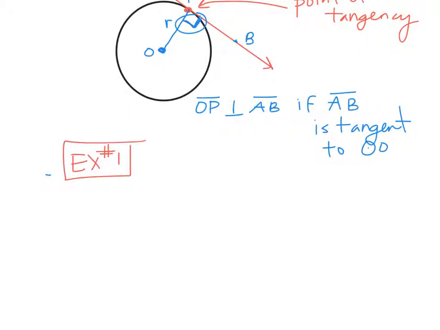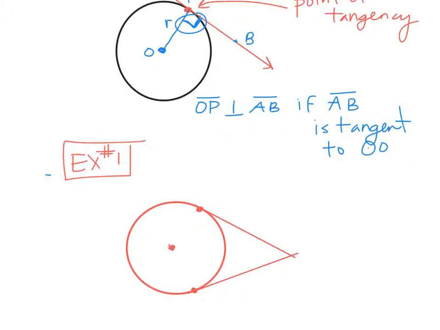All right, example 1. If we have a circle here, and then we're going to have 2 tangent lines. So a tangent line here, another tangent line here. So here's a point of tangency, here's a point of tangency.